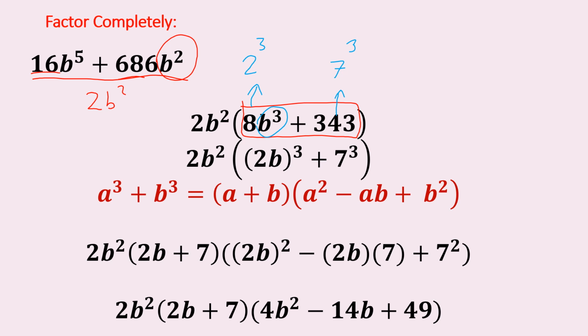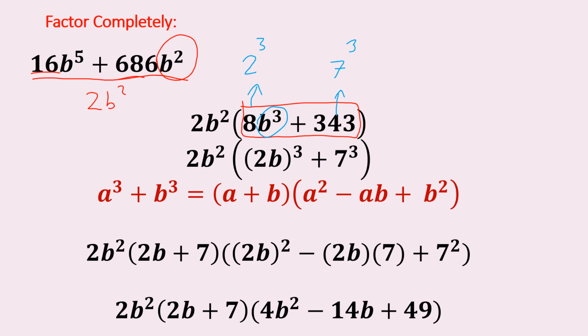And we mentioned it's the sum of cubes, which we're going to plug into this equation here. And now we're just putting a 2b everywhere we see an a, and we're putting a 7 everywhere we see a b. So it will look like this. And then as a last step, we want to just simplify everything that we can.